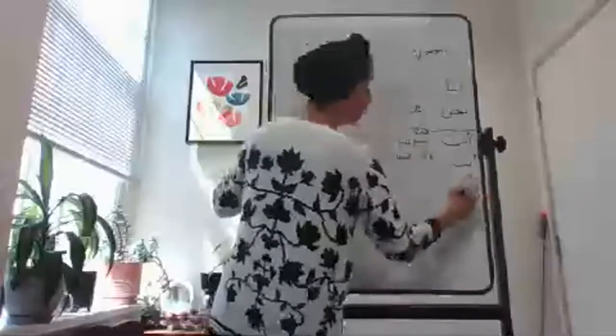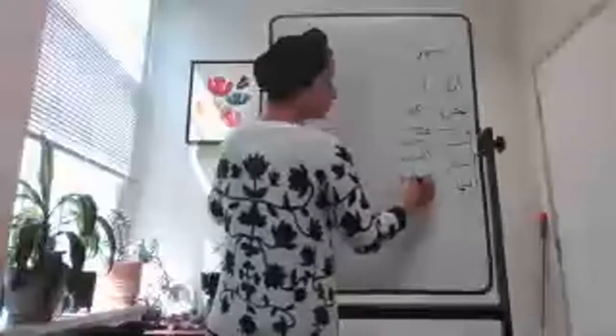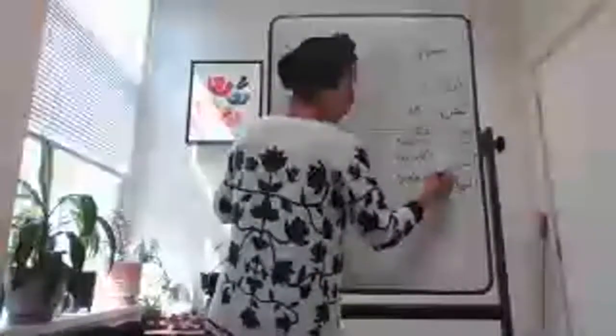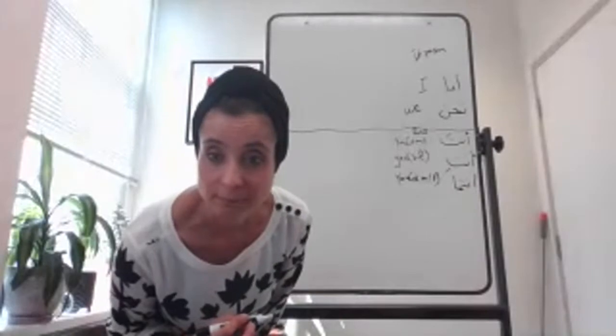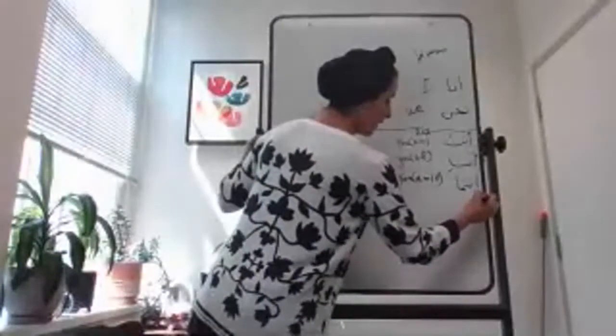And then we have antuma for both you, dual. Dual in Arabic refers to two male or two female. So dual masculine or dual feminine is the same pronoun. And then we have antum.